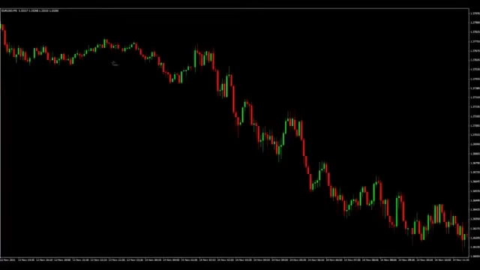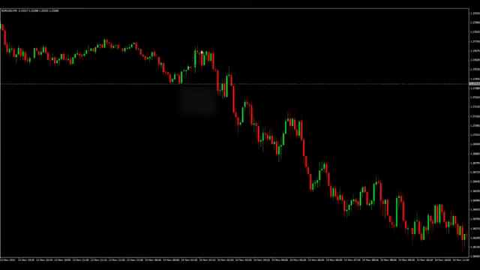The one thing that I'm looking for with the levels is what's sticking out in the market. What's a clear support and resistance level? The first thing that I see on this chart is this level right here. The reason that I'm picking this level as a support level is we've seen price come down and immediately come back up and bounce off that level, as you can see.